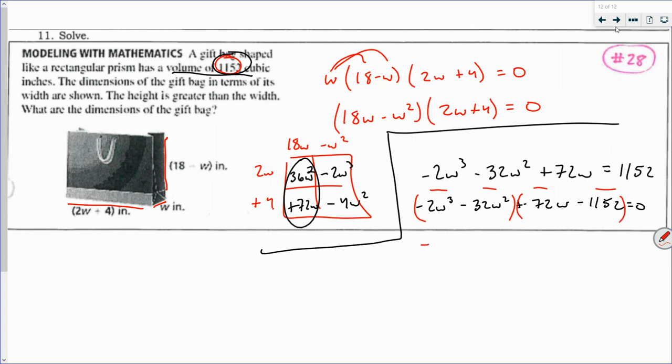So we pull out a negative 2w squared in this first one. We end up with w plus 16. If we then take, I imagine, a 72 out. So we take a negative 72 out. Is that right?